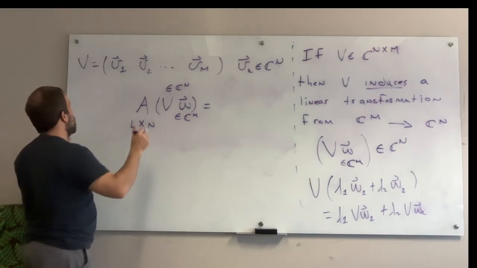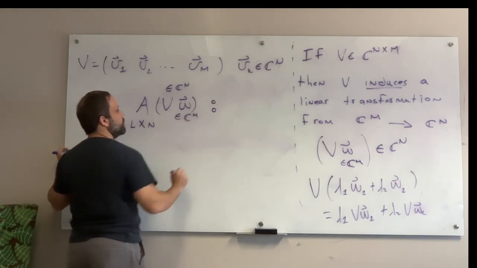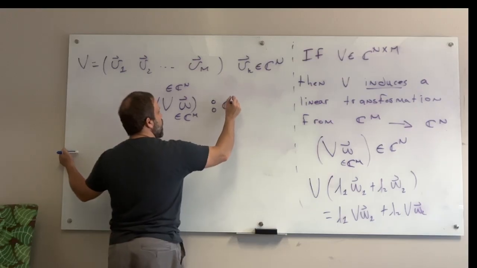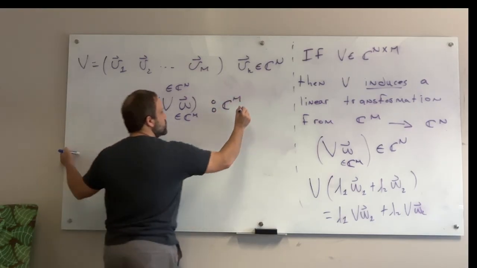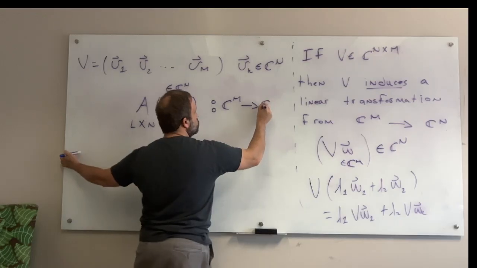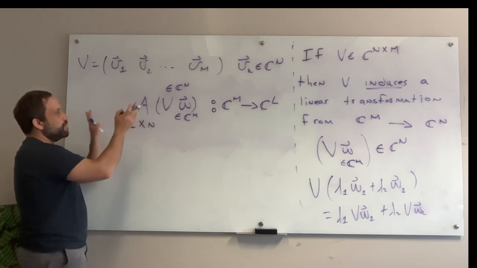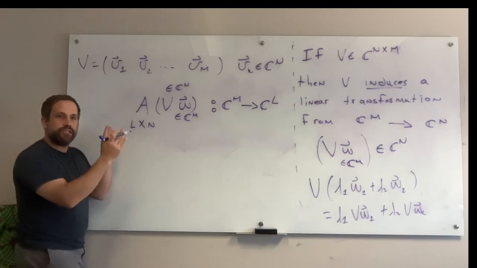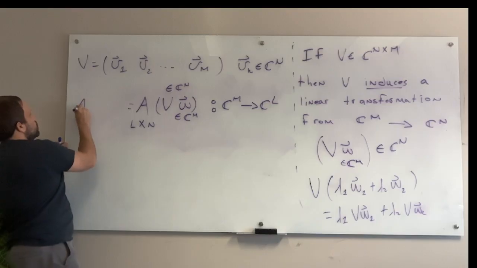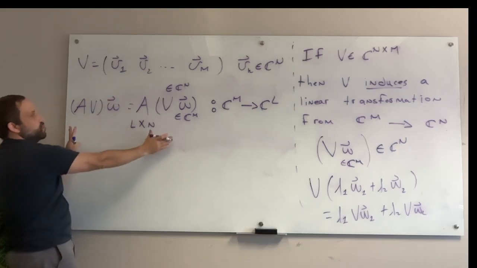So overall we have a composition. And this composition, abusing notation a little bit, goes from m-dimensional complex space through n-dimensional complex space, and finally we get out into L-dimensional complex space. Now, for products to be defined the way that we want them to be, we also really need this to be equal to AV times W. We need these two things to be equal to each other.